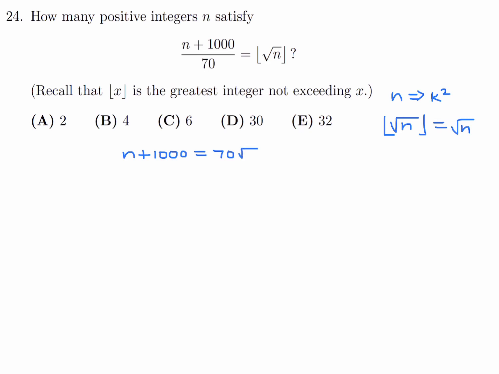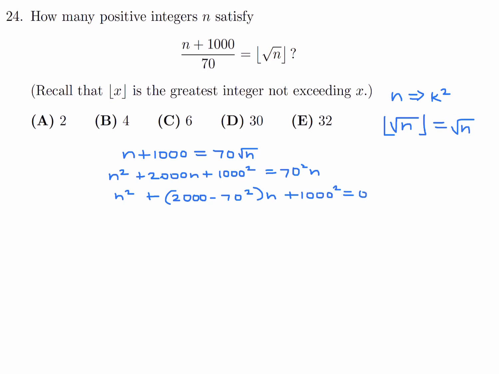Cross multiply: 70 root n. Square both sides and you get n squared plus 2,000 n plus 1,000 squared is equal to 70 squared times n. Bring everything to one side, and you get n squared plus (2,000 minus 70 squared) n plus 1,000 squared equals 0.